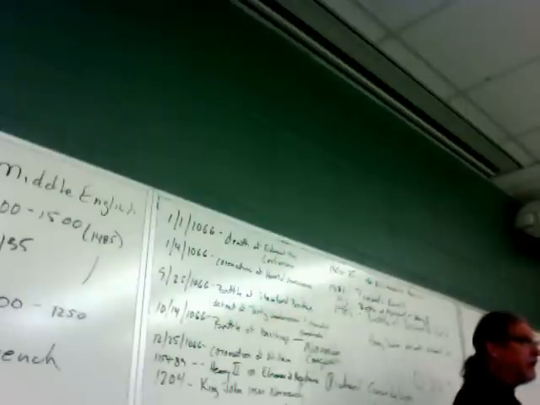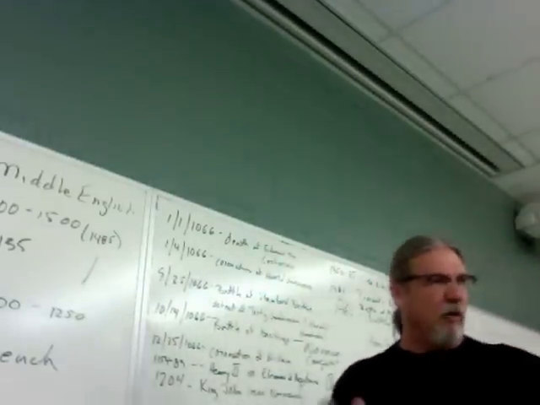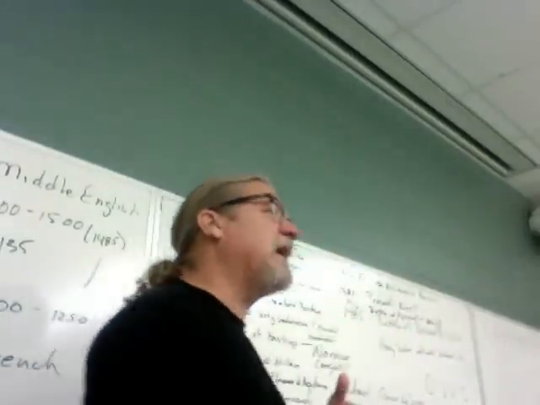Before I go on to these two things, now would be a good time to mention another way of looking at society in the Middle English period. And this is what's called the three estates. Okay? Estate just meaning level. The three estates of society.